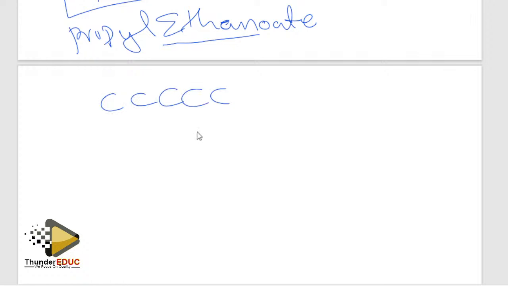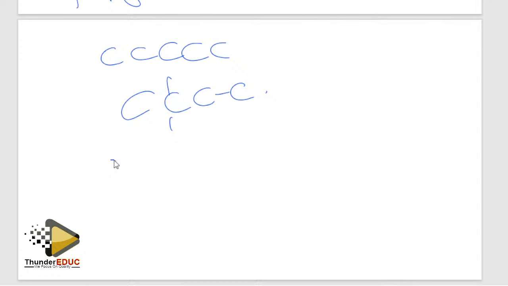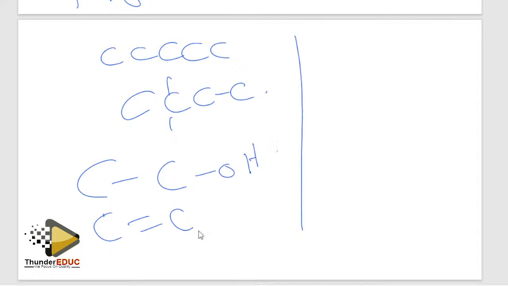straight chain versus branched chain. Then you need to know the functional group, maybe a double bond, and then a carboxylic acid.